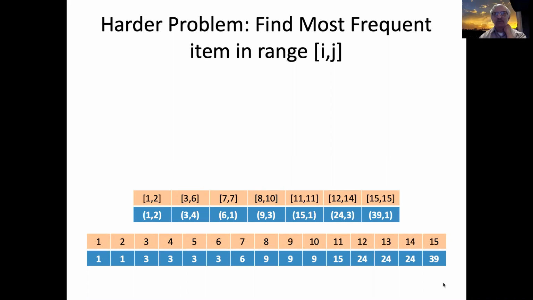Okay, very good. So it turns out that instead of using the index, you could use the actual value now as the primary key and use the frequency as the secondary key.